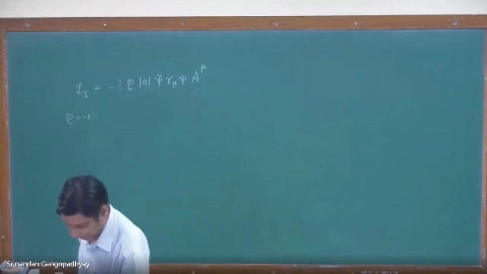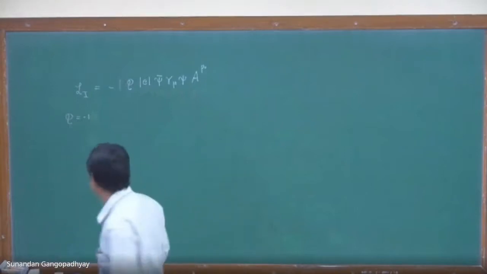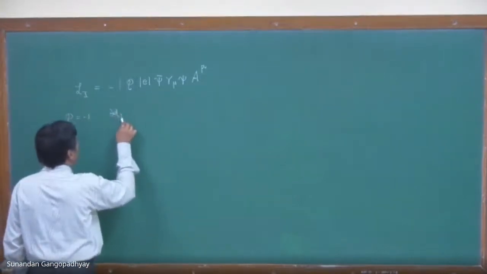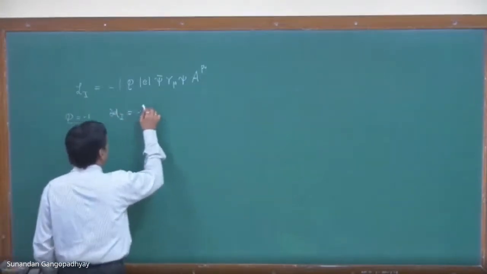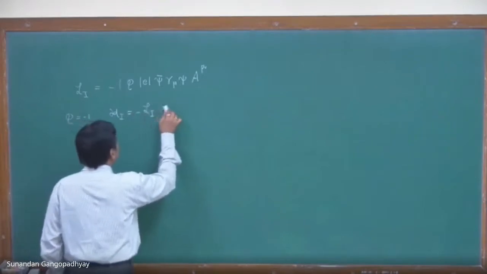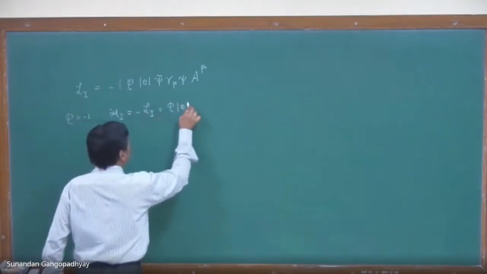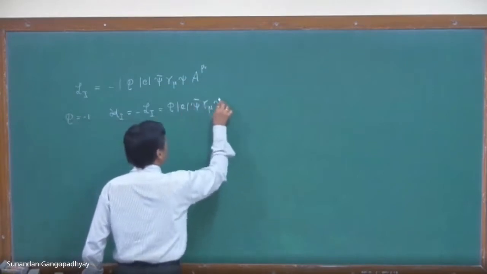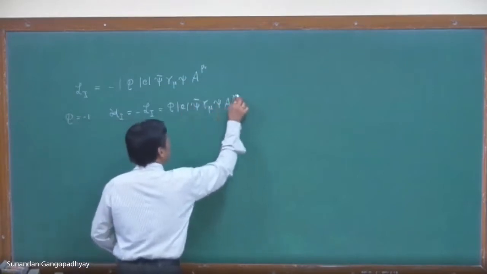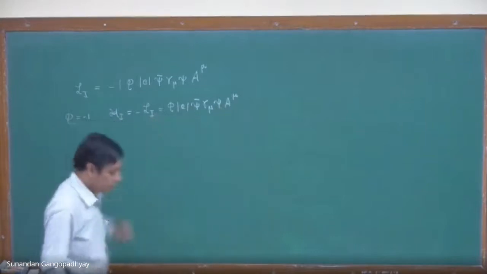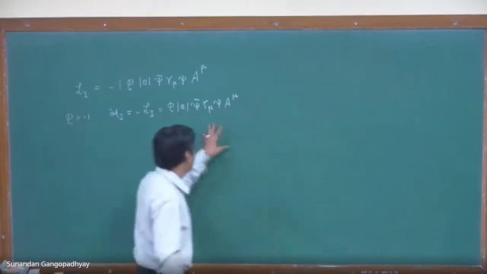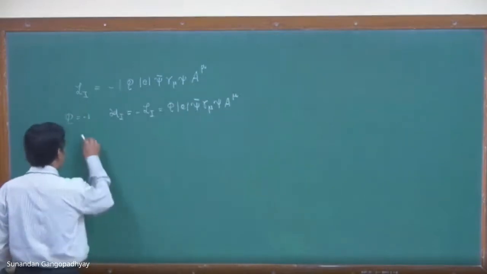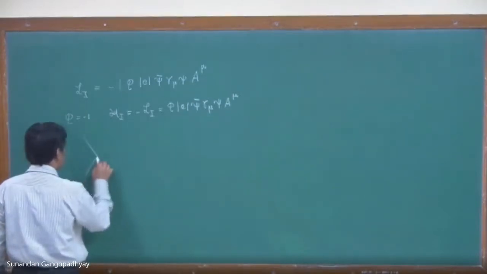And the Hamiltonian density is minus that, that is Q. So this is basically the Lagrangian density, and therefore you can immediately see what the vertex is. The vertex will be something like this.